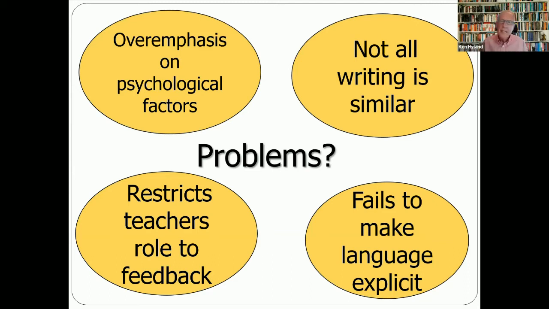Now, because language and text organization are tacked onto the end of the process as editing, rather than the central resources that students need to create the text in the first place, students are given no way of seeing how different texts are written for particular purposes and audiences.